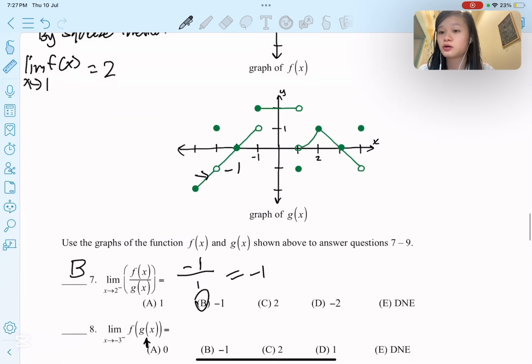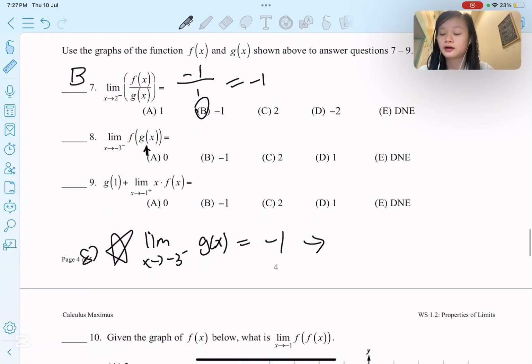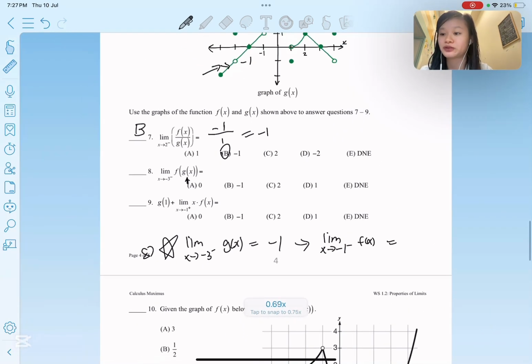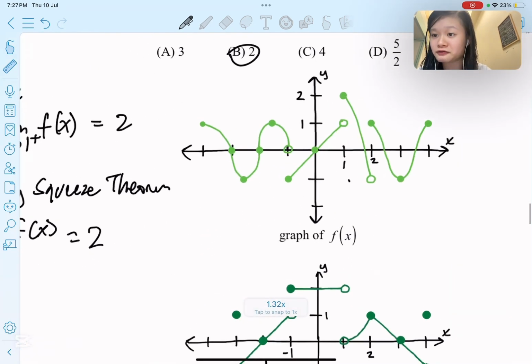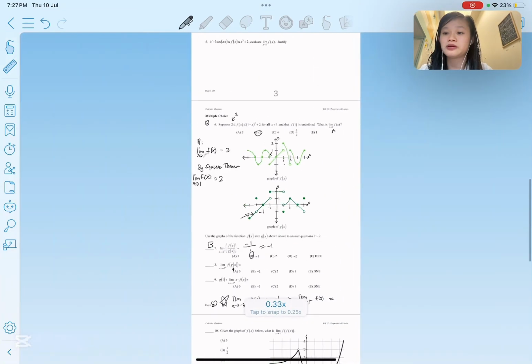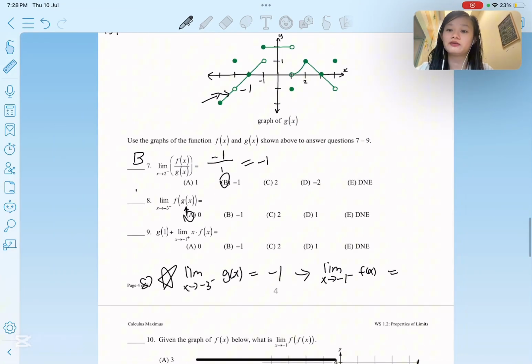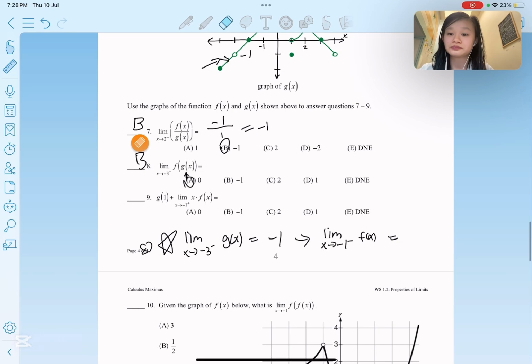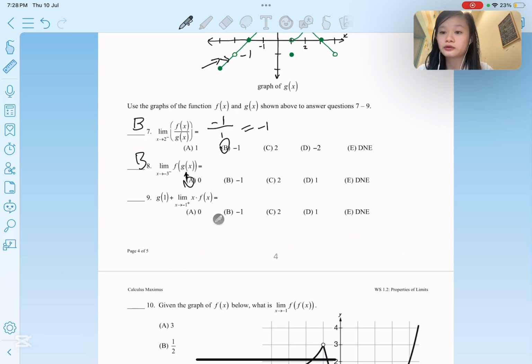So therefore, it is also approaching from negative values, from the bottom, so it's negative. So the limit as x approaches -1 from the left of f of x, the outside function, is here, which is basically 0, which is b again. We love our b's. Okay, yeah. So, number 9.